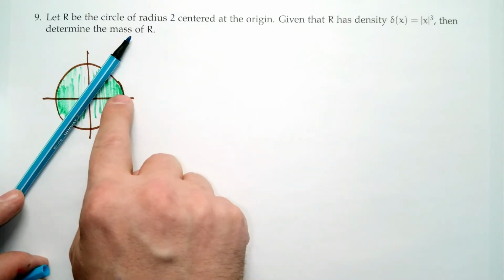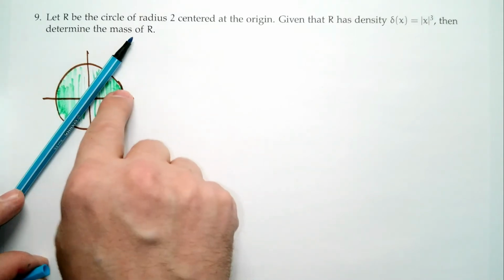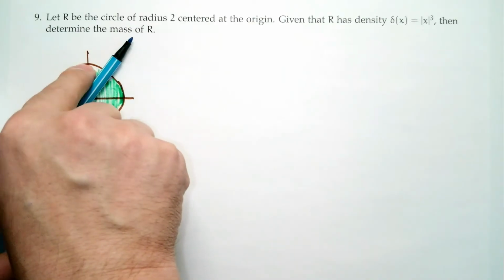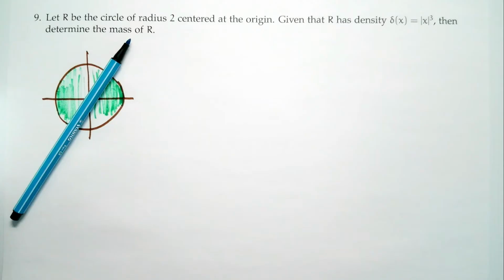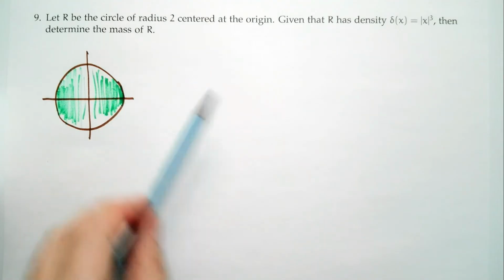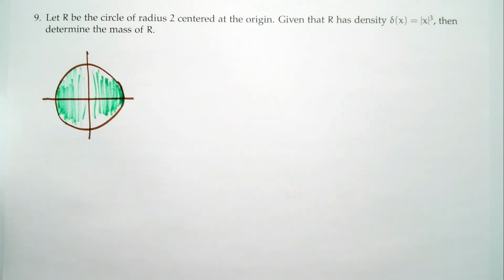See, if you flipped, this dense part would shoot up here to a not dense part. So it's not symmetrical with respect to the line y equals x. The shape is symmetrical, but not the density. So be a little bit careful. Usually there'll be some type of symmetry if you see a two-dimensional mass problem. But when we talk about symmetry, we're looking for both the shape and the density.